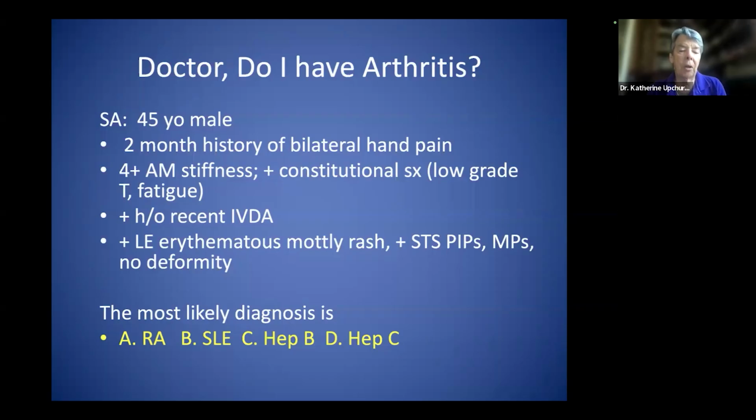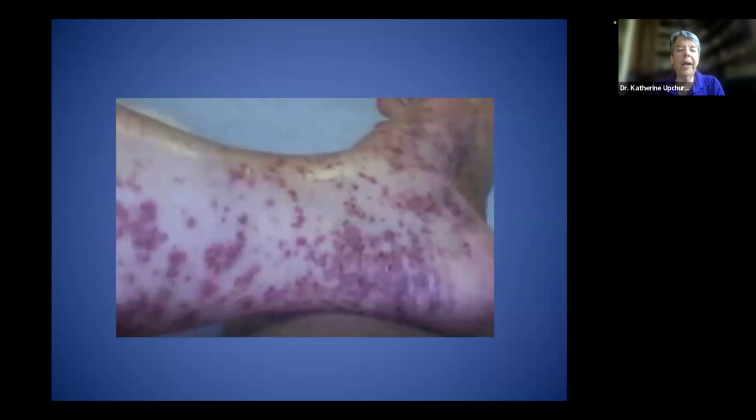Physical exam, which is a little bit abbreviated here, showed a lower extremity mottled rash. He had some soft tissue swelling of his PIPs and his MCPs of his hands, but no deformity. This is a picture of the rash that he had. You could see a maculopapular rash over the lower extremities, particularly distally with a purplish discoloration.